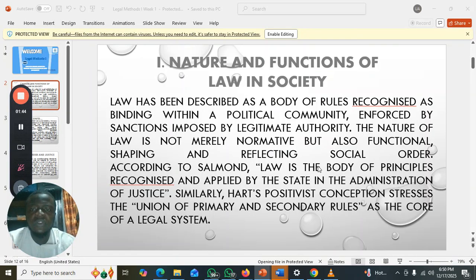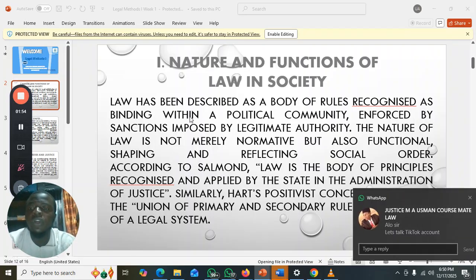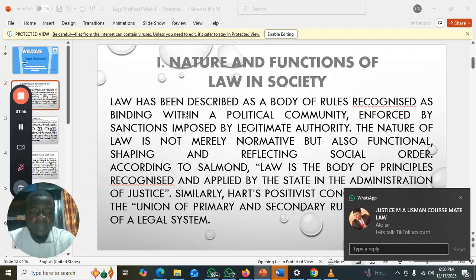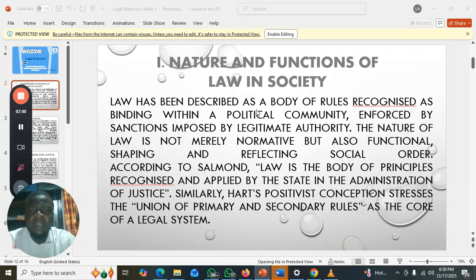The first thing we are going to see is nature and function of law, the nature of law first. So this particular page explains the nature of law, and I'm going to explain it to you now. Okay, so law has been described as a body of rules recognized as binding within a political community, enforced by sanction, imposed by legitimate authority.